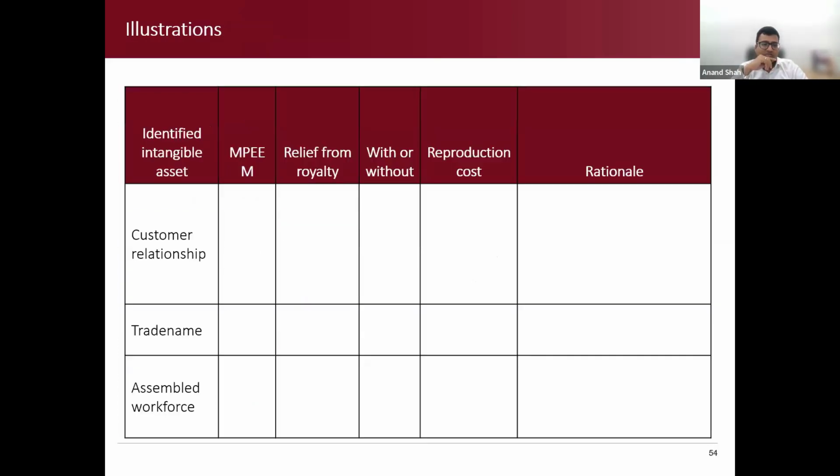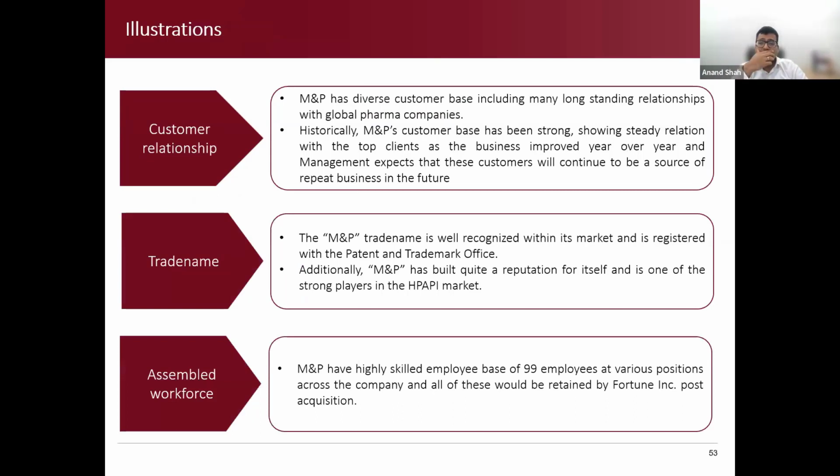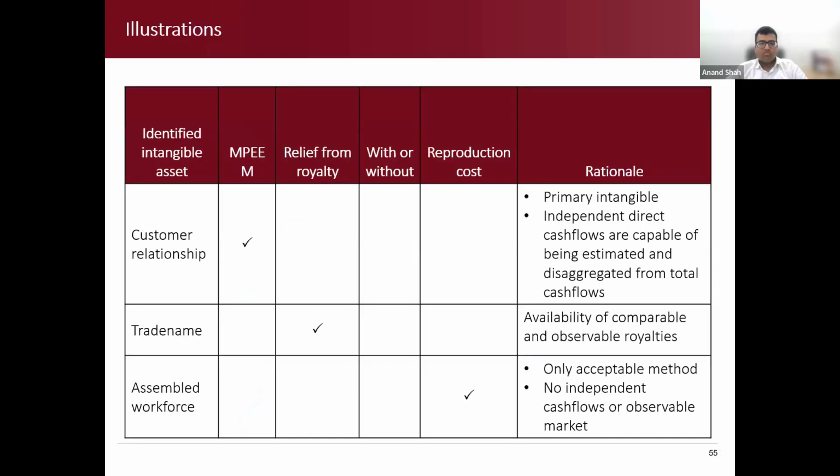I have another Q&A. I'm not sure if you want to just have a look at this. I don't know how we'll do that online. These are the methods you would use and why.